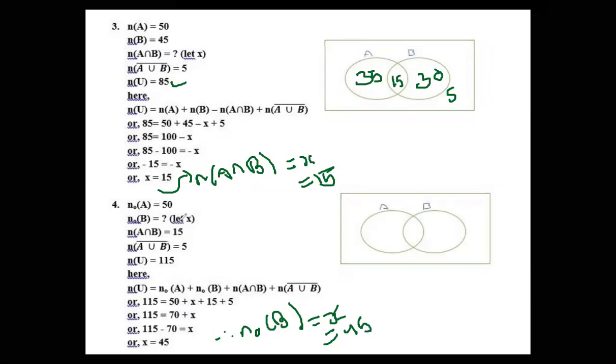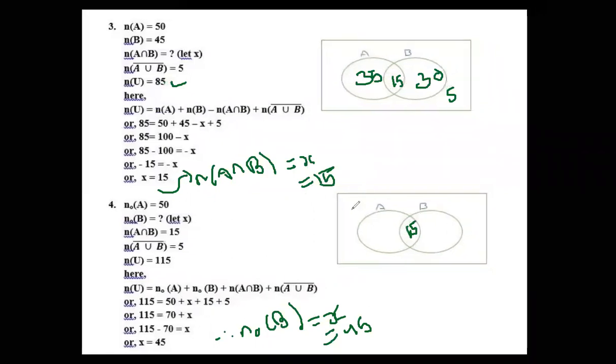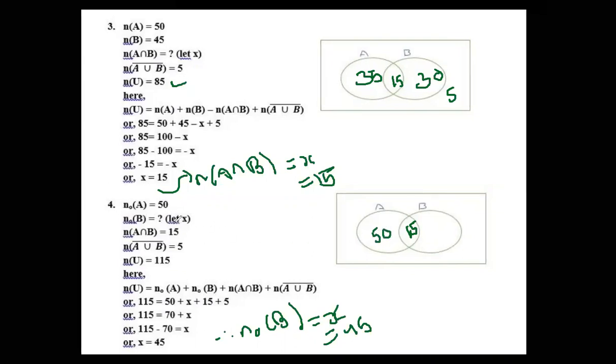Okay, so let us insert it. Always start from the intersection. Intersection is 15. So only A is how much? Only A means 50. Only B is how much?